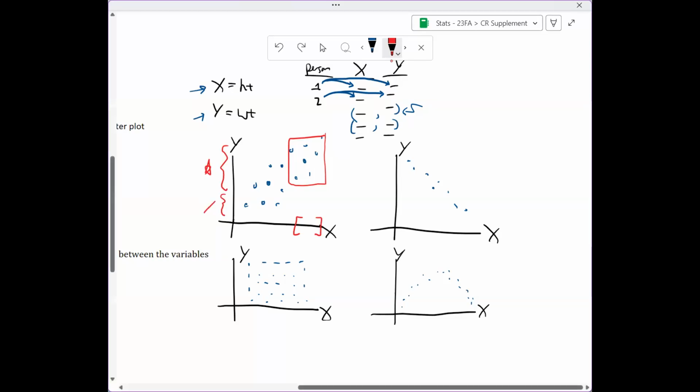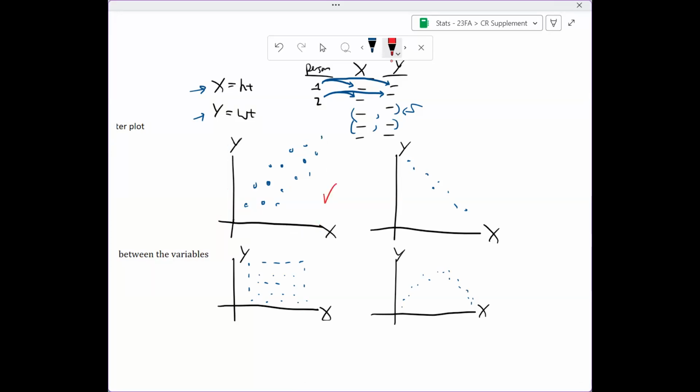Well, that looks like an X, but you get my point. Not here and tend to be more up here. So by knowing something about X, that tells me something about Y, at least tells me something probabilistically. So is there a relationship between X and Y here? It does seem so.